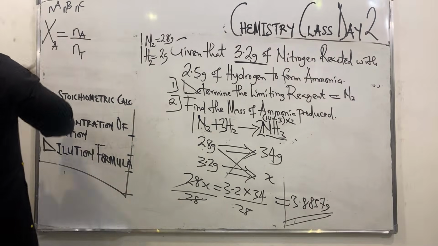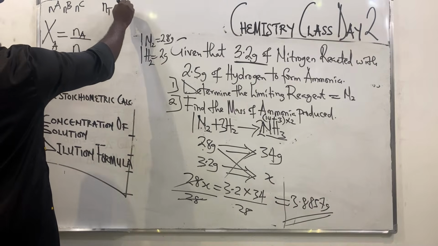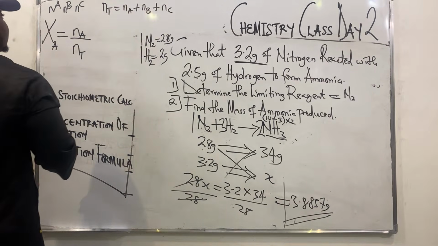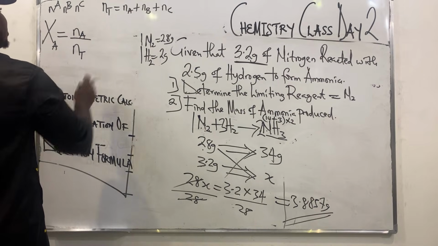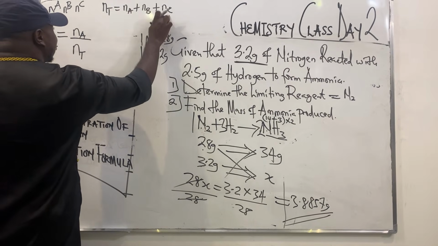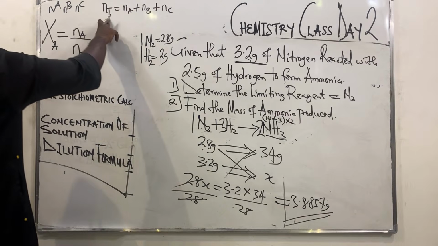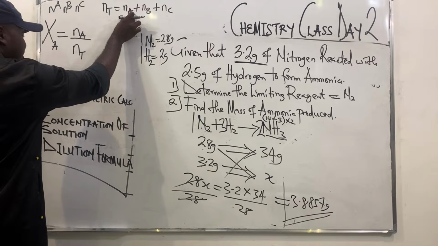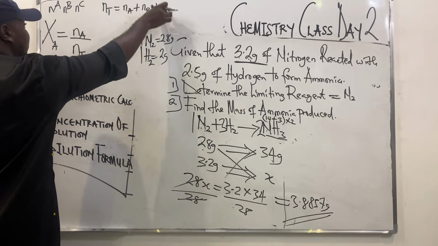Total number of moles will be Na plus Nb plus Nc, meaning number of moles of A plus number of moles of B plus number of moles of C.